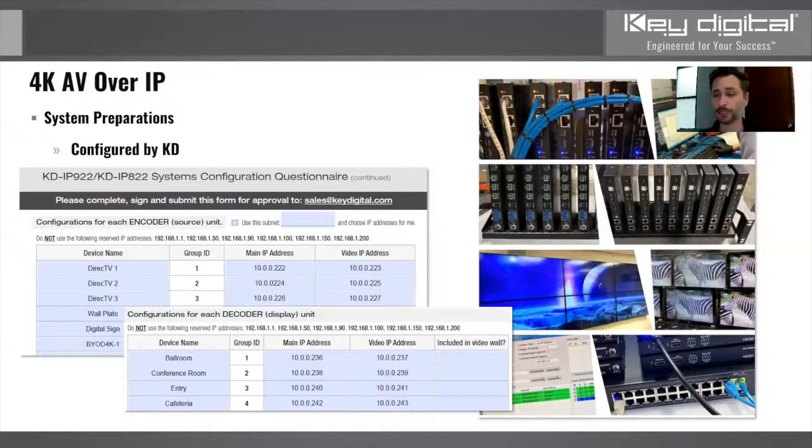We call that the main IP address. And the video IP address, from the other column here, is handling the transmission and the reception of the video broadcast. We didn't want all the inter-device communication to interrupt the video broadcast. And you're going to see some of the really cool stuff we could do with the inter-device communication as well.